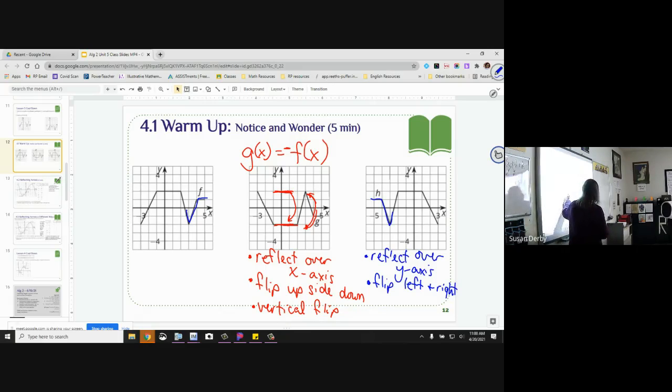And we can take a very distinct point, like this one here at 4, +1, and we can find now that same exact point here at -4, +1.